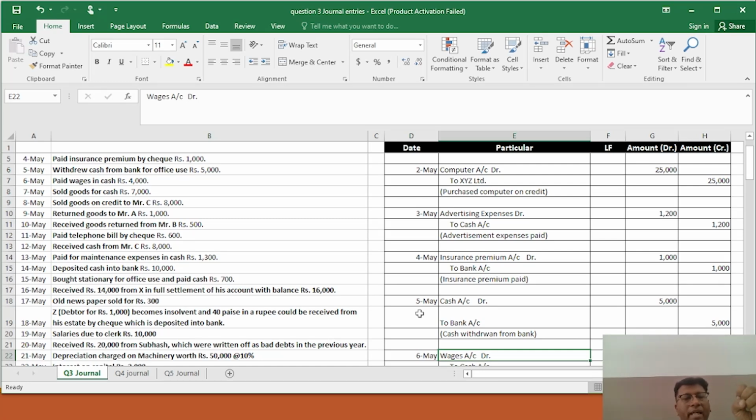So you are receiving the cash, so cash comes in. Cash account debit 14,000, discount account debit 2,000, and from which party are you receiving the cash, who is the giver under this transaction?